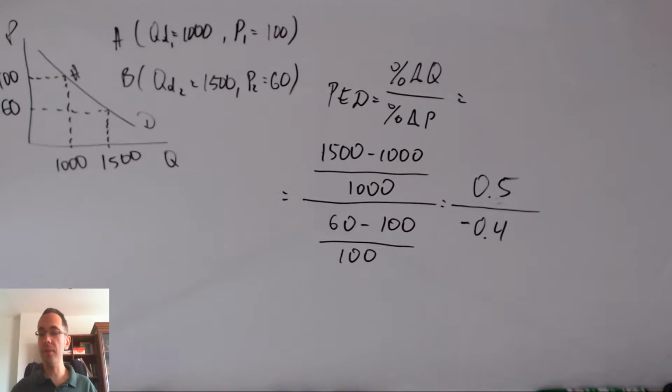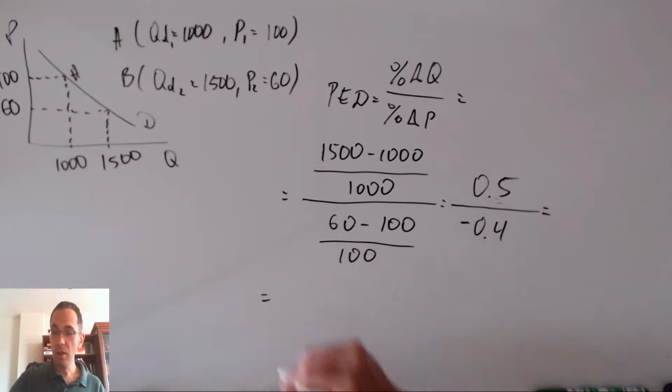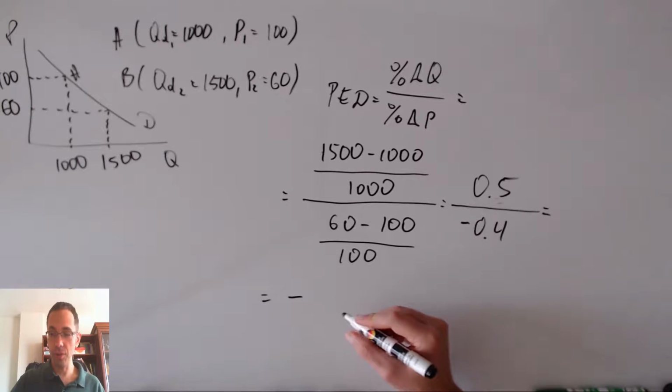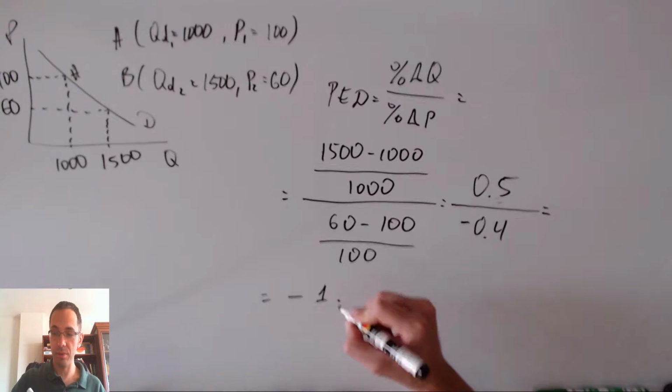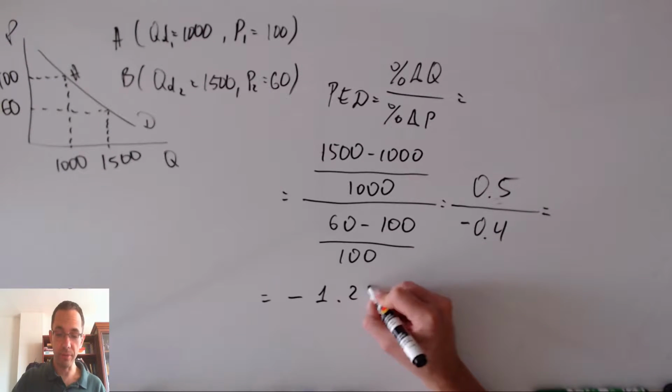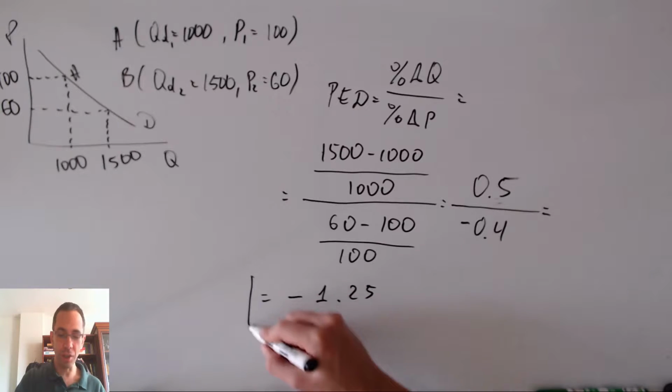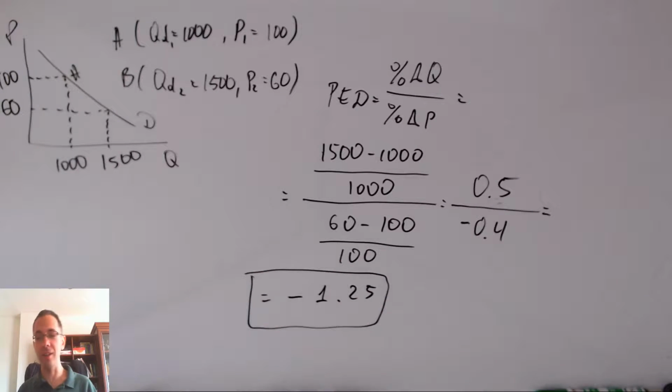So 0.5 divided by 0.4, and if my math is right, hopefully this should equal minus 1.25.